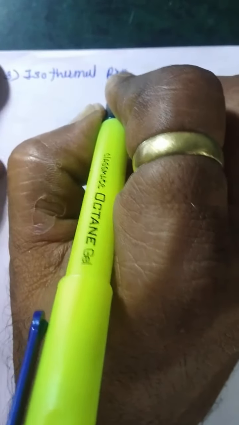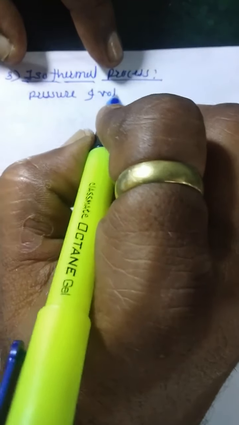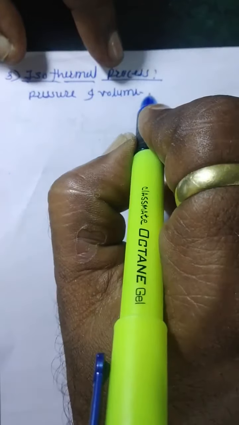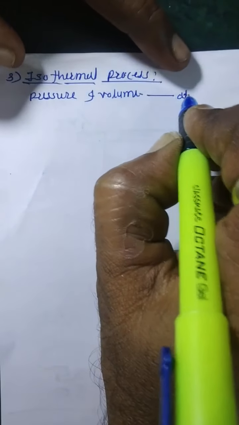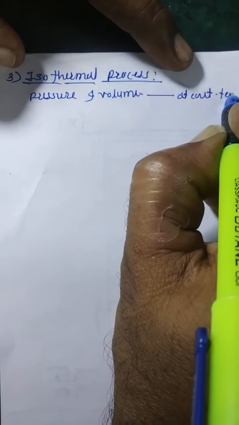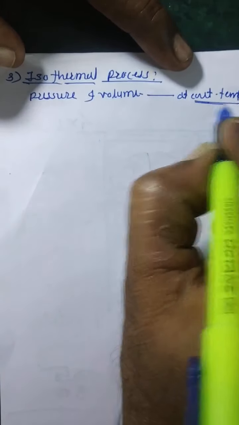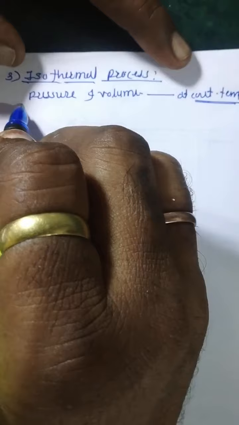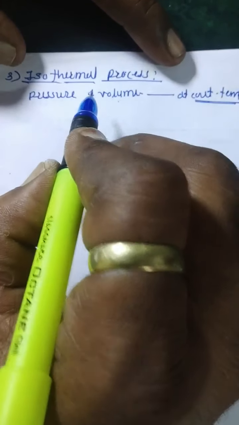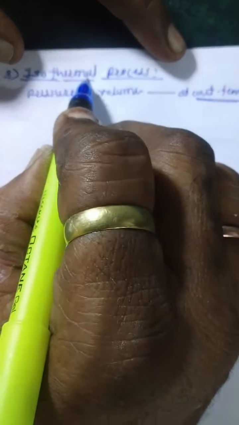The thermodynamic process in which pressure and volume of thermodynamic system changes at constant temperature. म्हणजेच टेम्परेचर कॉन्स्टंट असताना त्याचा प्रेशर आणि व्हॉल्यूम चेंज होत असतो. सच अ प्रोसेस इज कॉल्ड एज आयसोथर्मल. आयसोथर्मल मीन्स ॲट कॉन्स्टंट टेम्परेचर.